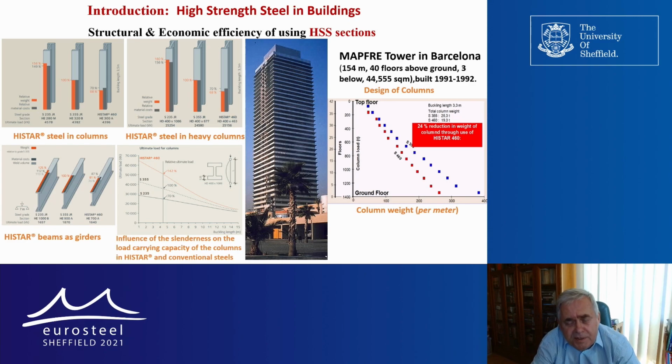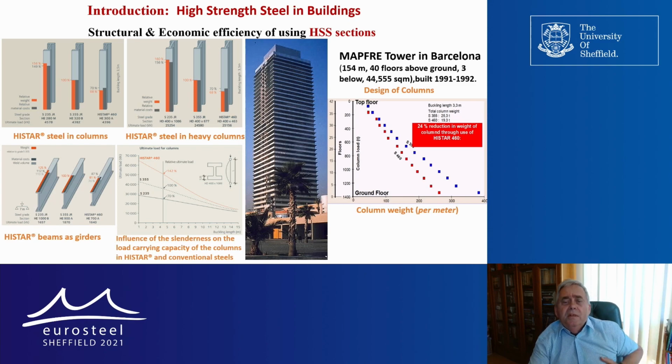the cost of material is lower due to the fact that the weight of these members will be reduced compared with conventional steel. Some examples.